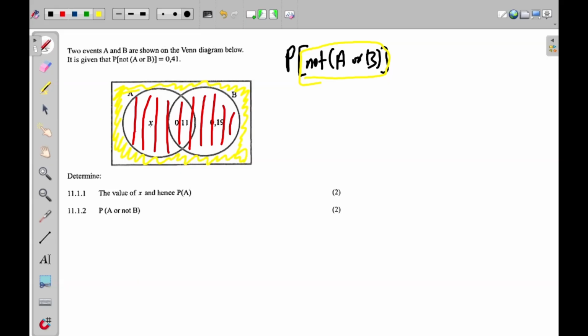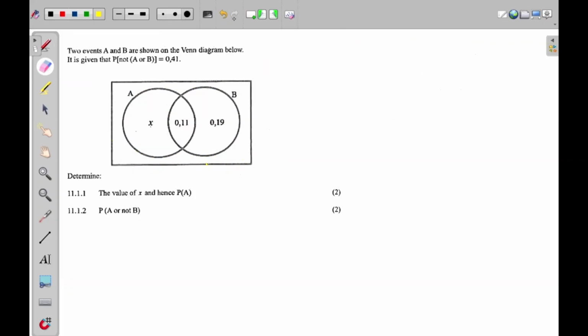That is actually what we are being given. We are given not, that is the complement of A or B, meaning what is outside the union. So I need you to be alert to that. If you can be alert to that, then look at how easy this thing is now. Watch this.